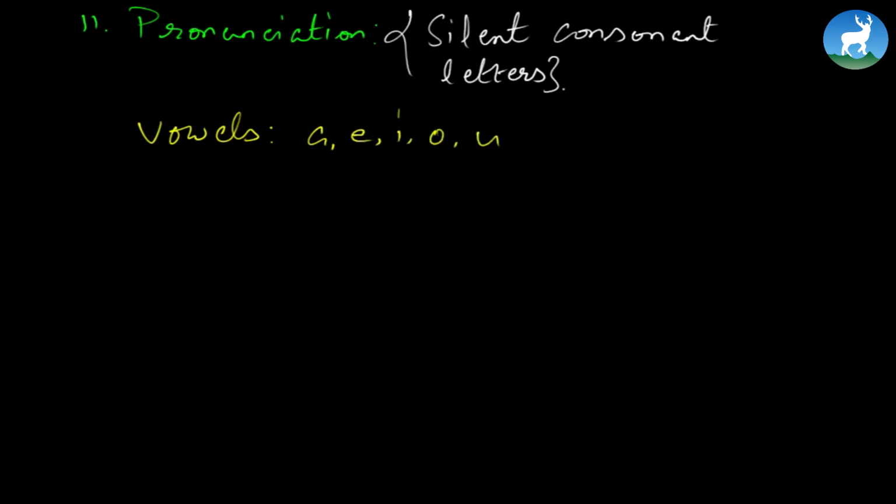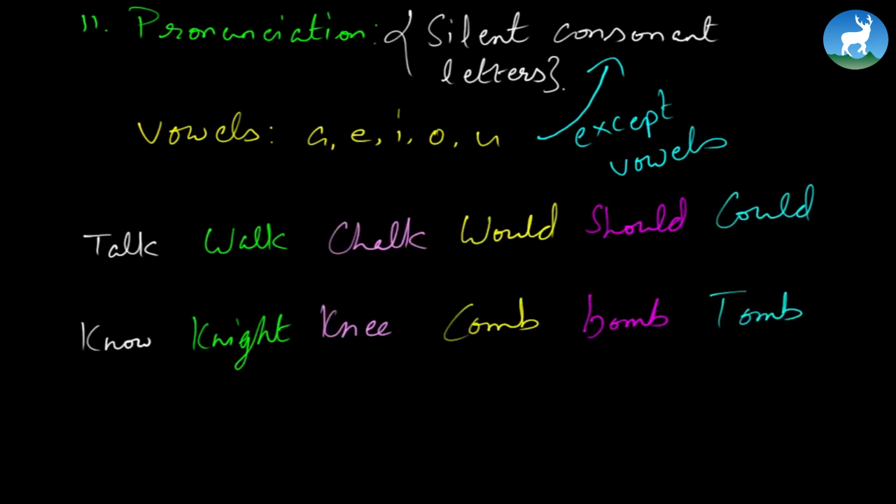So all the letters apart from vowels are consonant letters. Except vowels, all are called consonant letters. So let's figure out the words given here. Now, before we begin the pronunciation, what I want you all to do is underline the silent consonant letters here. Okay, so let's pronounce first of all.